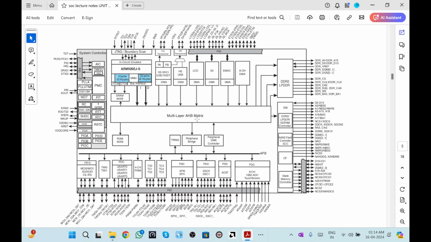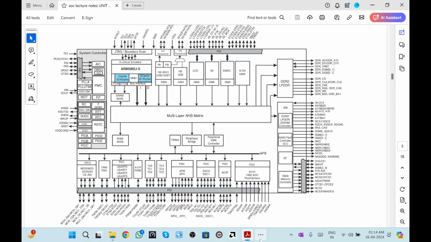Suppose there is a master-slave communication. There can be a master which indicates that data has to be transmitted, and a slave which accepts the data and performs the logical operation accordingly.